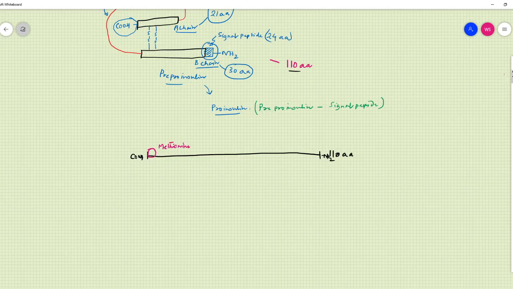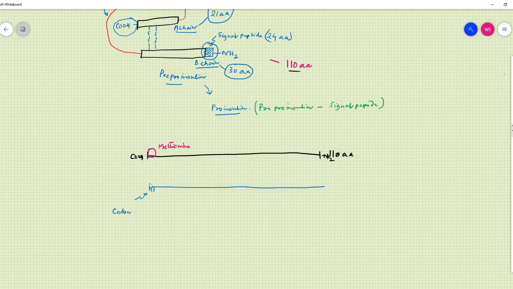Okay. Now let's try to draw the messenger RNA. So what happens is, on the messenger RNA, there is the, what is that called? If you said codon, you're absolutely right.